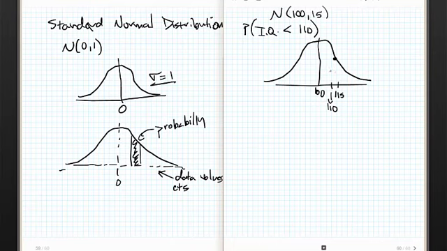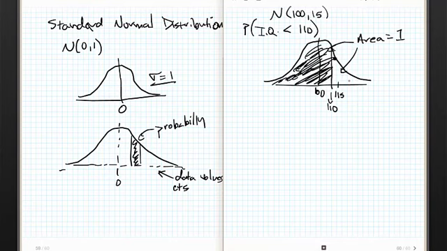Because this is a normally distributed variable, we are looking for all of the area down here. Remember, the area underneath any normal curve is equal to 1, under the whole thing.